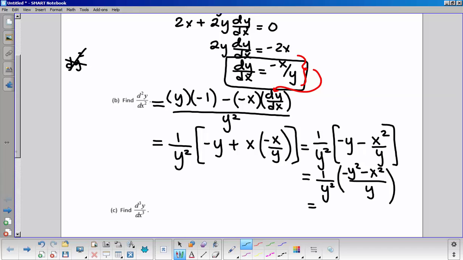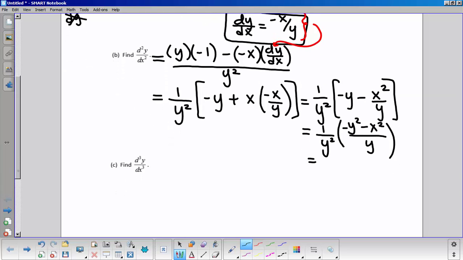And now let's factor out a negative 1 over y. So if I do that, what comes out? I have a negative 1 over y cubed. And then what's left in here? If I factor a negative out of the top and bring the y out, what's left? Y squared plus x squared.